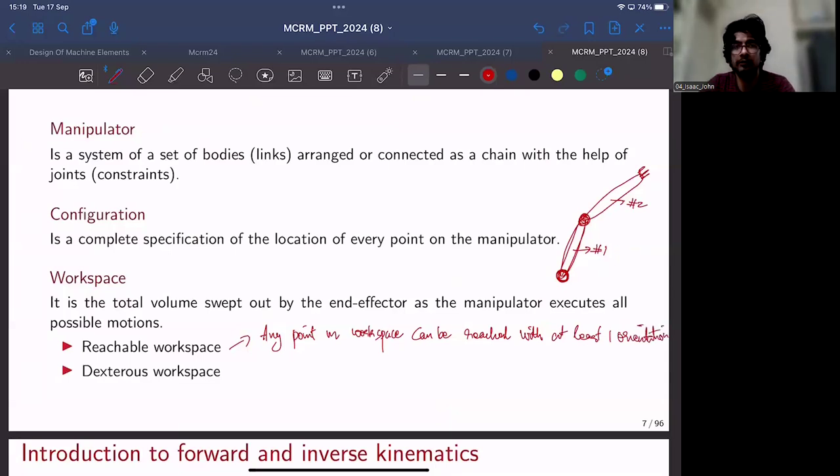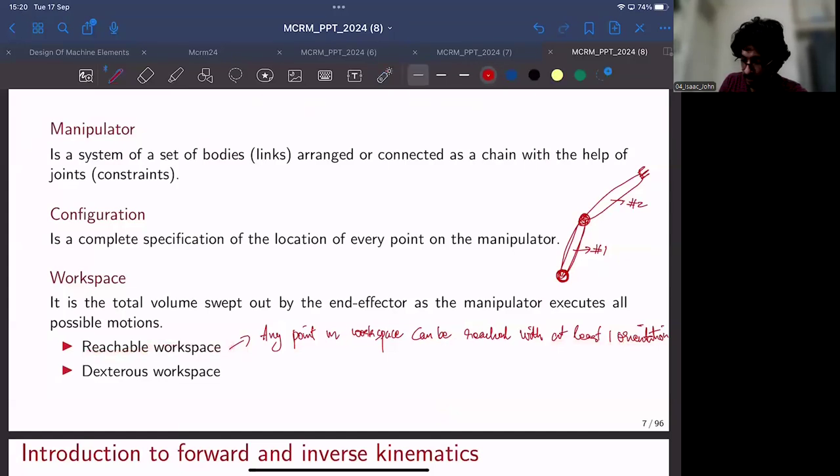For example, if you consider your arm, if it is not fully stretched, you can reach any point with any arbitrary orientation. You can reach it with any orientation possible. But if you fully stretch your arm, the point that you reach can only be reached by a single orientation. You cannot reach that same point by any other orientation. So if any point in the workspace can be reached with at least one orientation, that is called a reachable workspace.